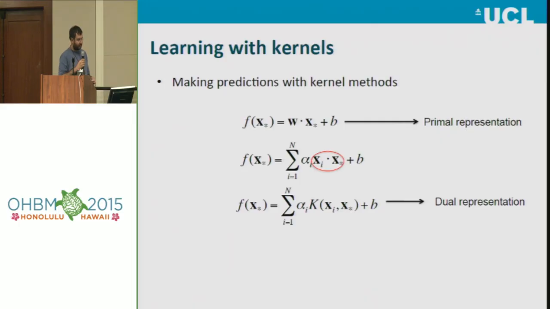Here we've got the dot product of the training examples and the test examples, but this is just the kernel that we've already described. The third line rewrites it in this way, and this is described as the dual representation. It's this that we typically work with when solving these problems in machine learning.